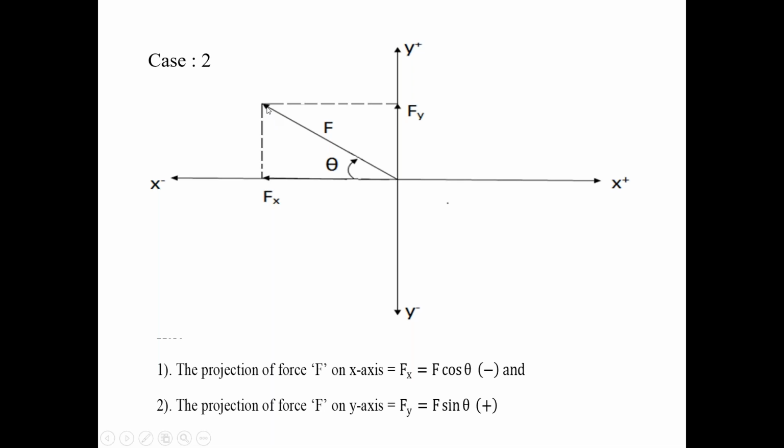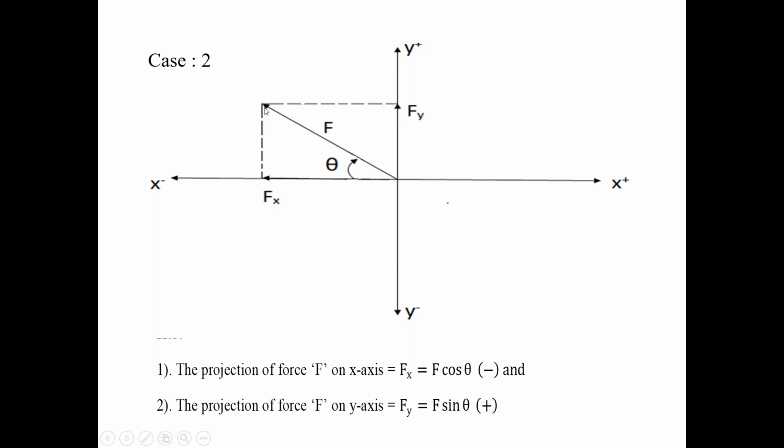Put your pen nib in the direction of force F. Bring the pen onto the x-axis. Here the pen nib direction is towards the negative x-axis. Indicate the direction of the Fx projection. The Fx projection direction is towards the negative x-axis.